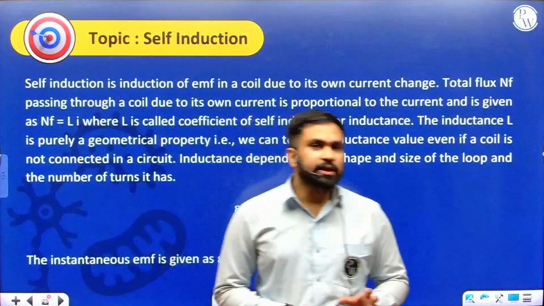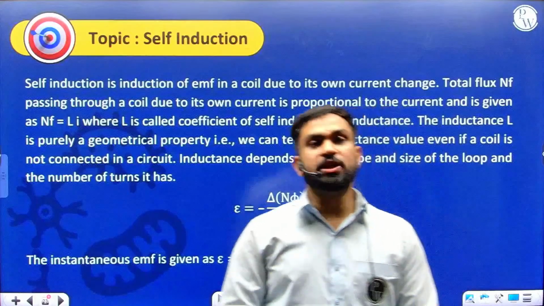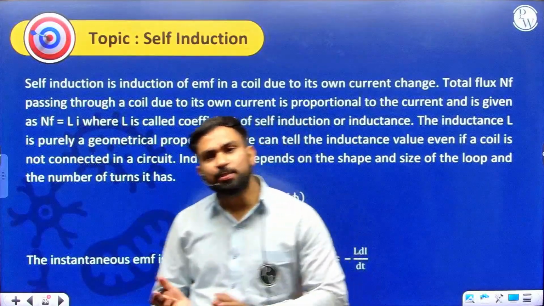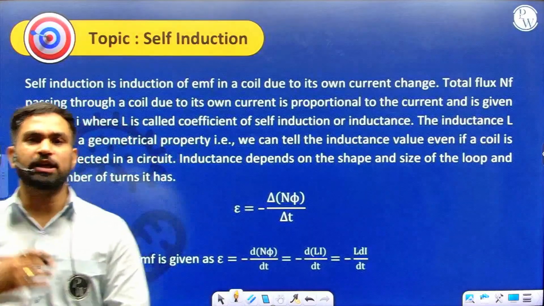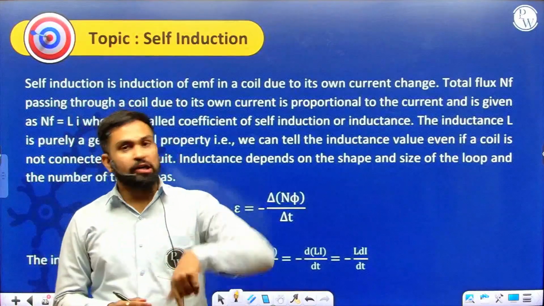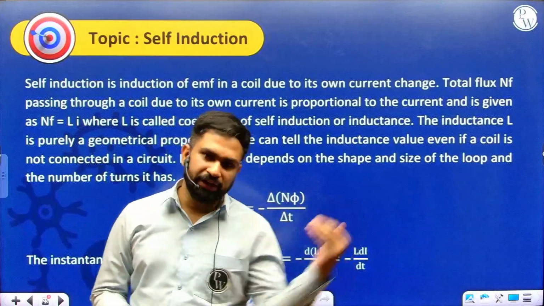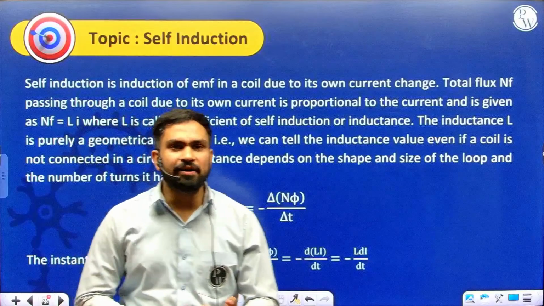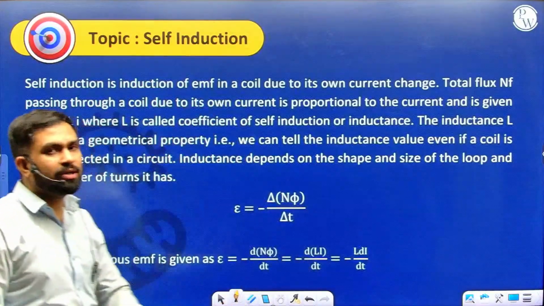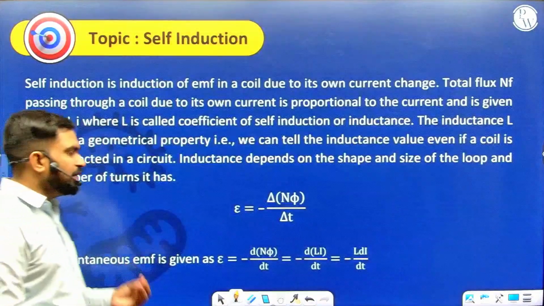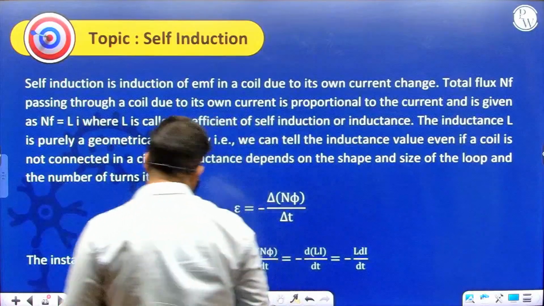So if this magnetic field due to the current in the solenoid changes, then it again produces the induced field, and then it again will produce the induced electric current. So the current is already there in the coil, it's producing the field, the current is changing, the field is changing. This changing field again creates induced EMF and the induced current. That is called self-induction. Induction of EMF due to its own flux, due to its own magnetic field.